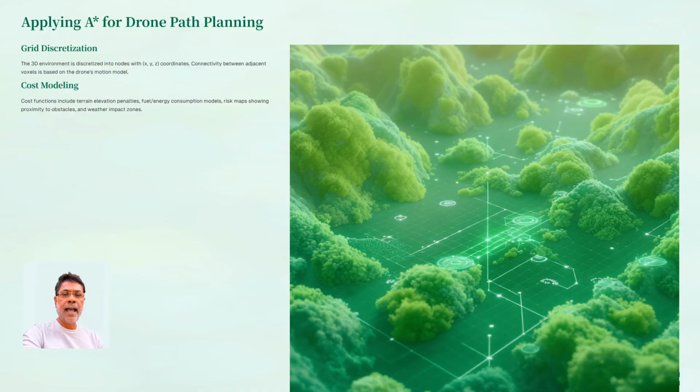When we apply the A-star algorithm to drone path planning, the first step is to break the 3D environment into a grid of nodes, each represented by its X, Y, Z coordinates. How these nodes connect to one another depends on the drone's motion model, essentially, how the drone is allowed to move through space. Next comes cost modeling, which plays a major role in shaping the final path.